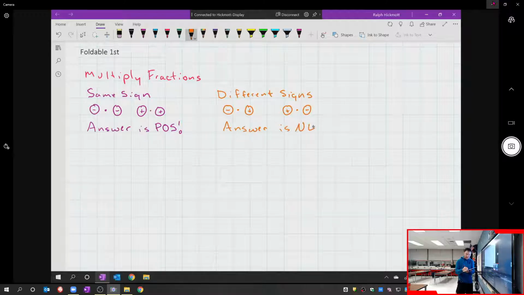So we have two situations here, and basically we just have to apply it. Same sign, positive; different signs, negative. The only tricky thing about multiplication of fractions is going to be all of the other rules and steps that you have to remember. I'm going to put it in bulleted points, things to remember. Improper fractions: we are going to convert everything to improper fractions to ensure that we get an answer that makes sense.